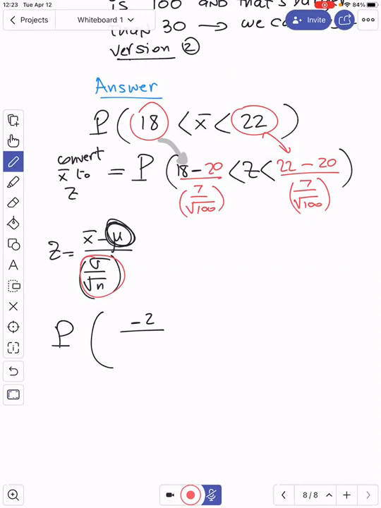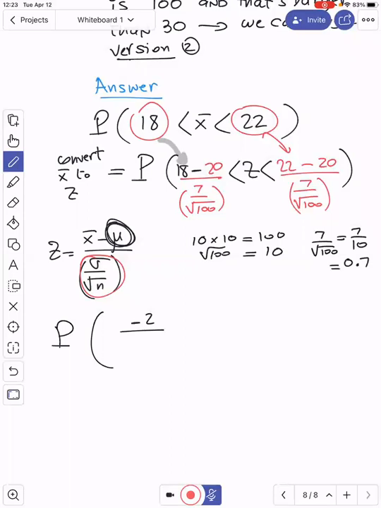So the square root of 100: 10 times 10 is 100, so the square root of 100 is 10. So 7 over square root of 100 is 7 over 10, and 7 over 10, of course, is just 0.7.